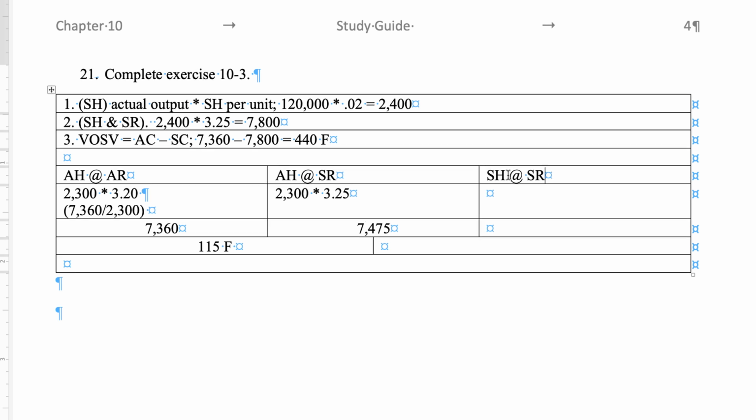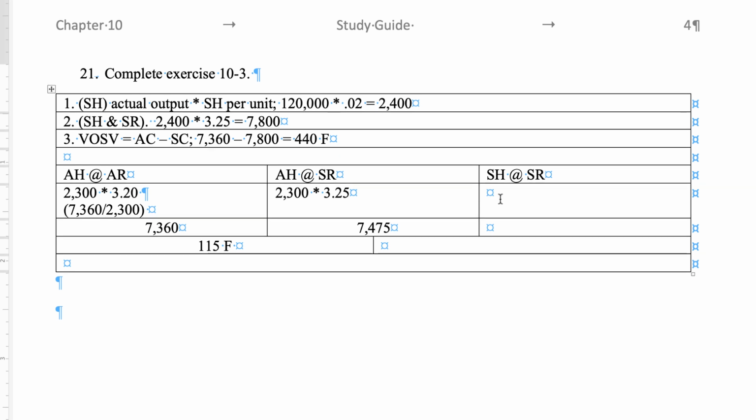Okay, so right off the bat, we have no idea what our standard hours are. But we have enough information to know that the standard quantity should be 2,400, right? We know that because we already did it in part 1. We took the 120,000 actual output times the standard.